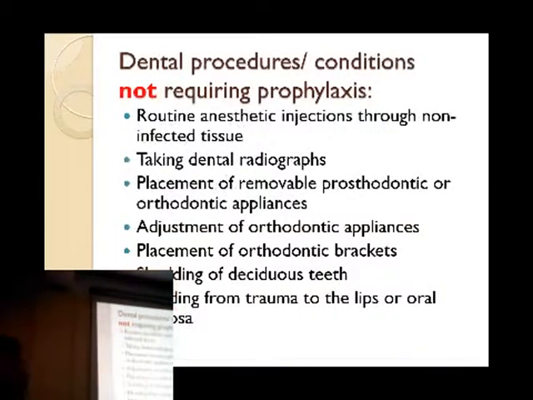Now, there are certain dental procedures people debate about, whether to give prophylaxis or not. So this is the current recommendation.